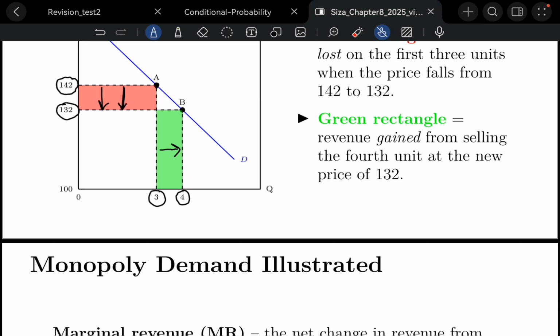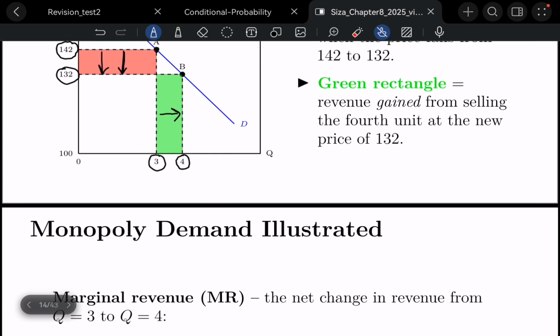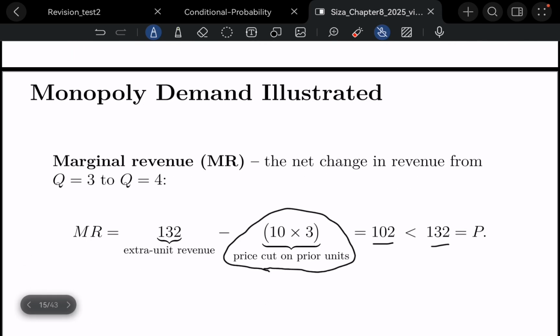All right, we lose that 30 rands revenue, which is like 10 rand per good almost, and then we gain 132 rands because we sell an extra unit. And if we say 132 minus 30, we end up with 102, which is less than our price of 132.